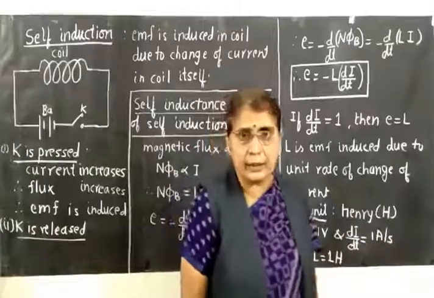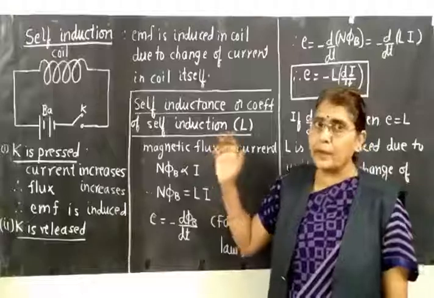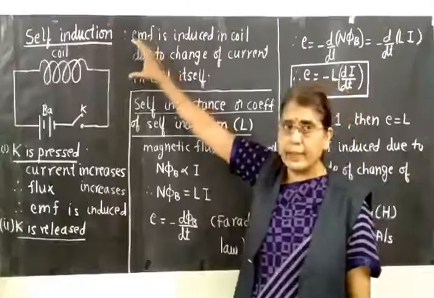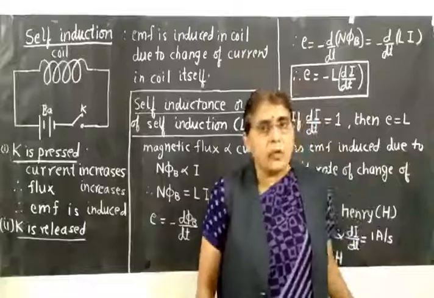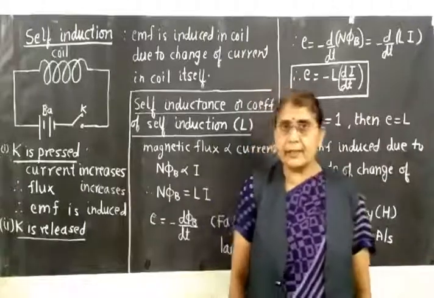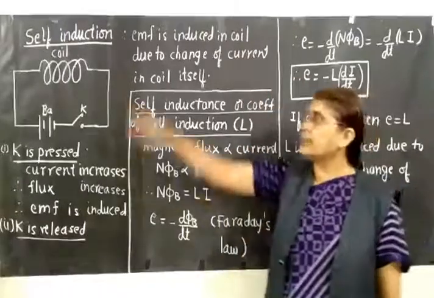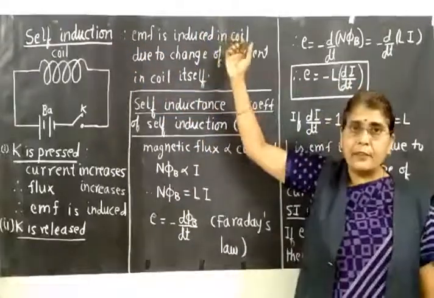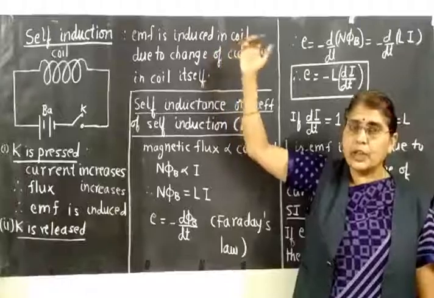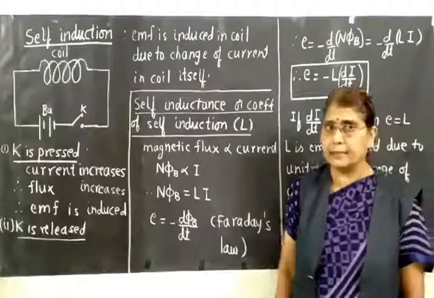So we have covered 3 important points here. First one, we have defined self-induction, then we have defined self-inductance, and we have defined 1 Henry. So let us revise the 3 points once again. What is self-induction? It is a phenomenon in which an EMF is induced in the coil due to change of current in the coil itself.